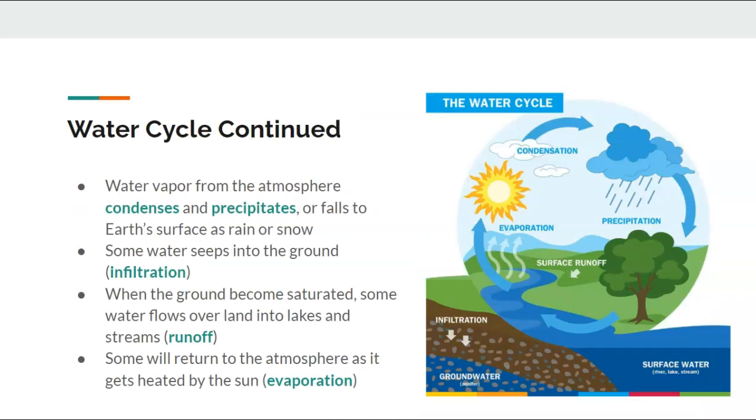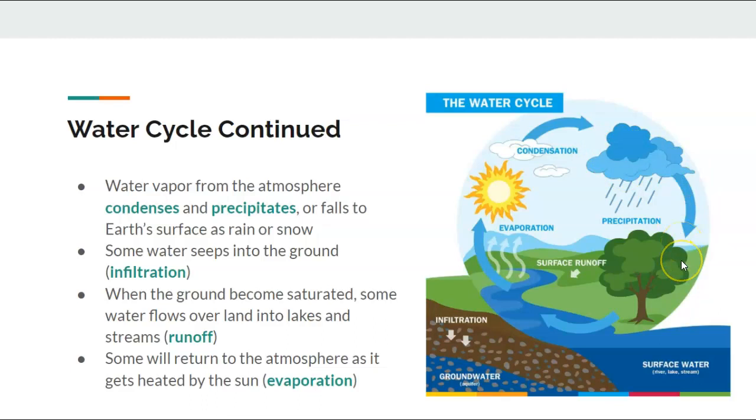When water from a river or a lake or the ocean gets heated up, it will evaporate up into the atmosphere, and as that water vapor starts to condense, it will condense into clouds. It will then go through precipitation in the form of rain or snow, and it will come back down to the ground.